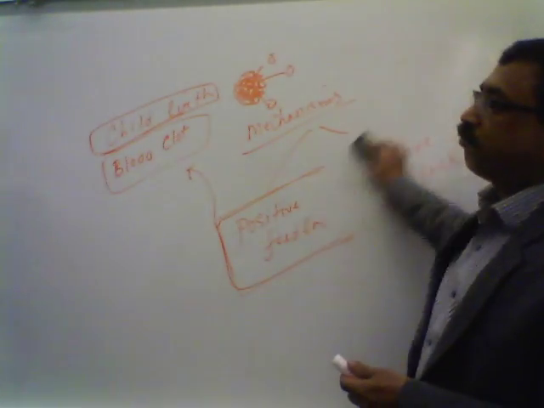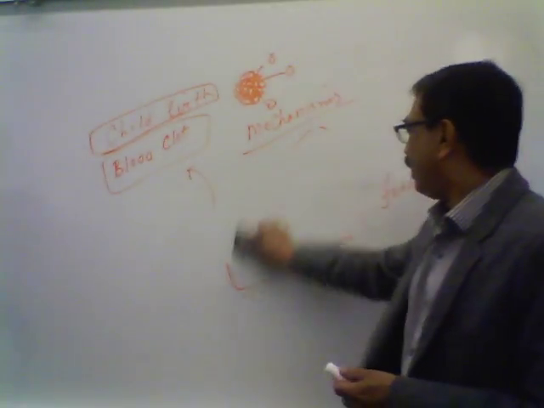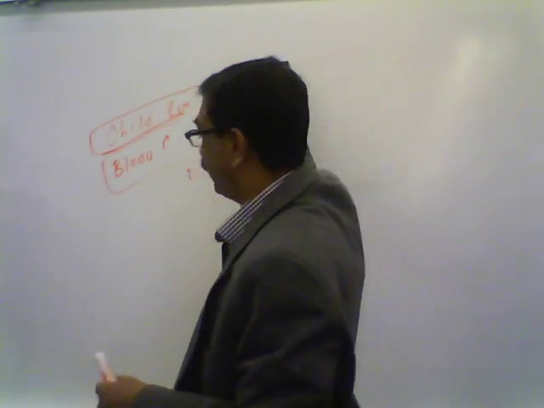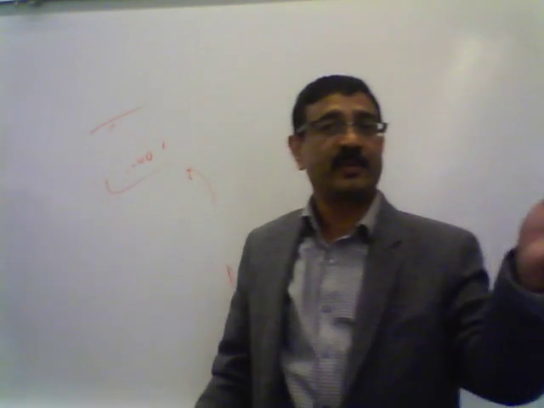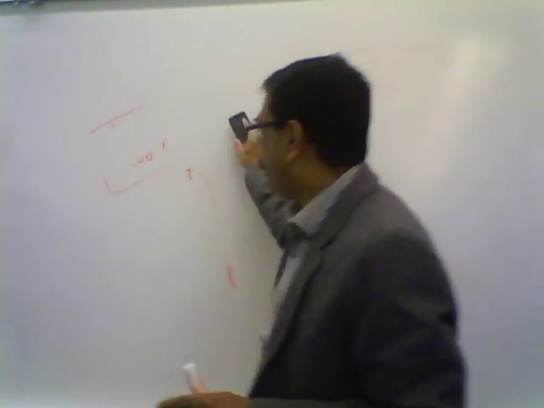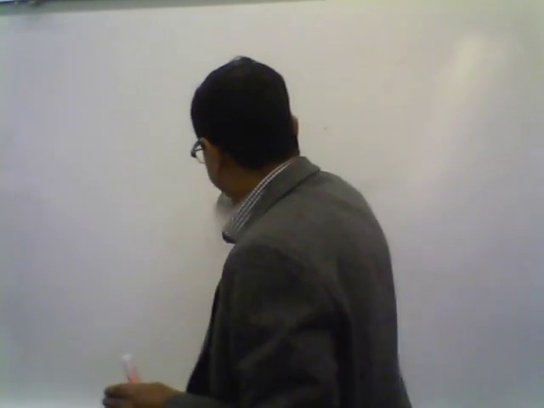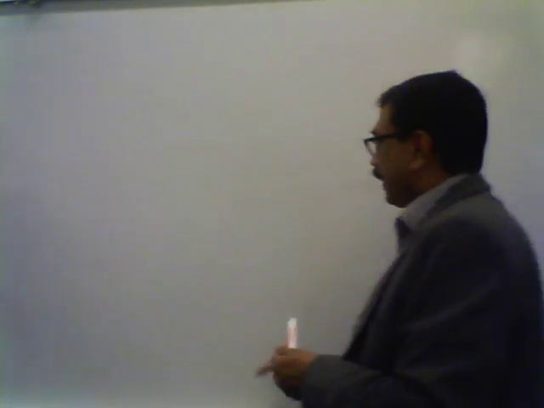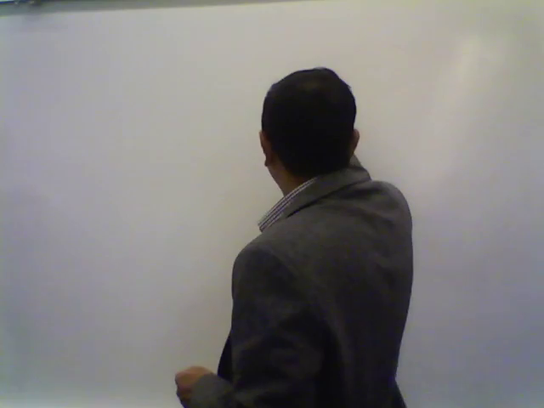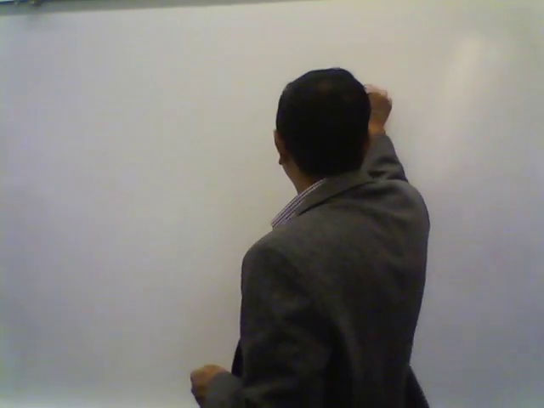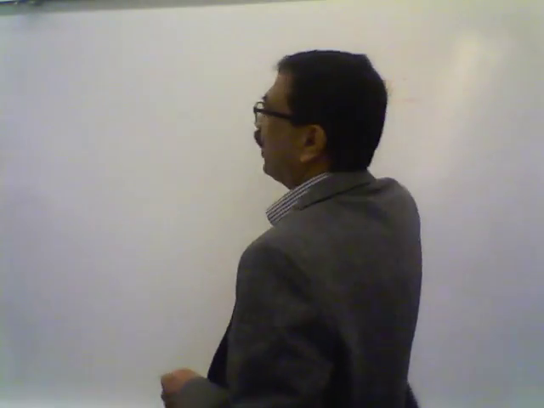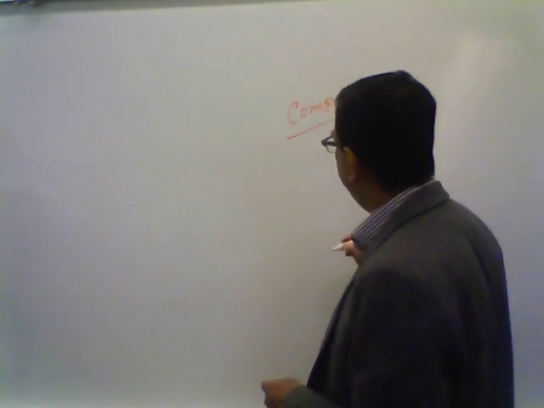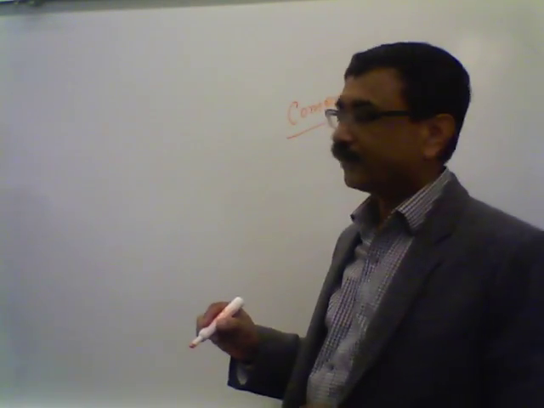Now, components of feedback. So these two are mechanisms, positive and negative. Don't confuse between mechanisms and components. Okay? Mechanisms are positive and negative feedback, and components are those three: receptors, control center, and effectors.